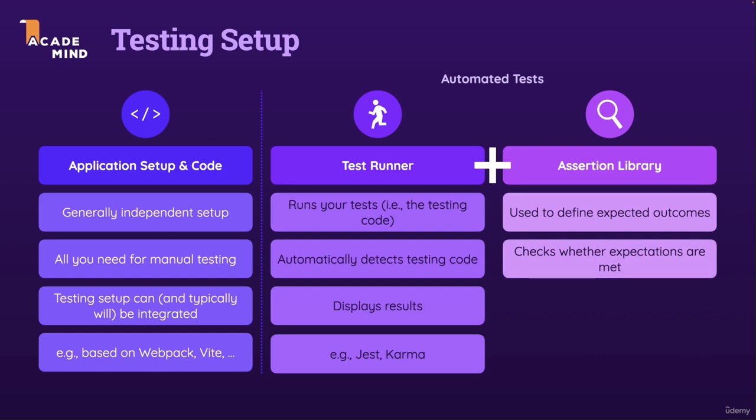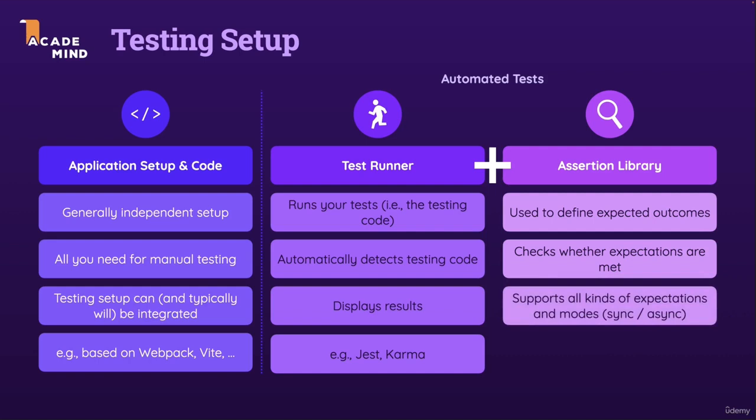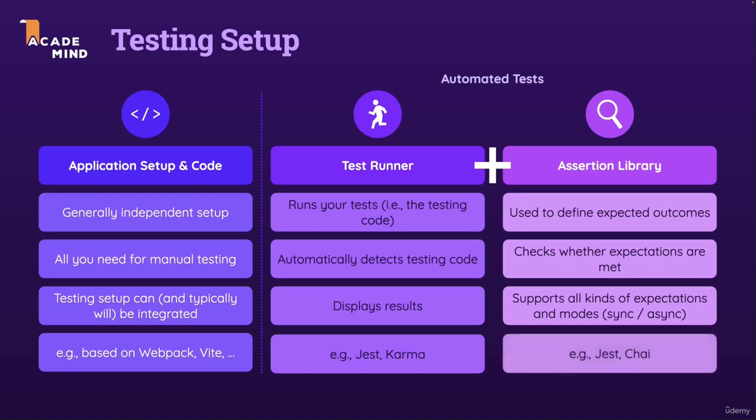And good assertion libraries should, of course, support all kinds of possible outcomes and situations, including synchronous versus asynchronous code, and so on. Now, again, the tool you will choose depends on the programming language you're using, and even inside of one and the same language, like JavaScript, you have alternatives, like, for example, again, Jest for JavaScript or Chai.